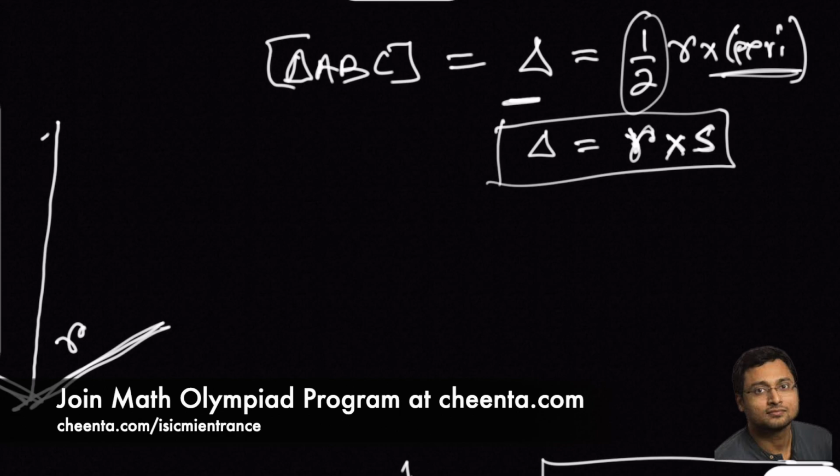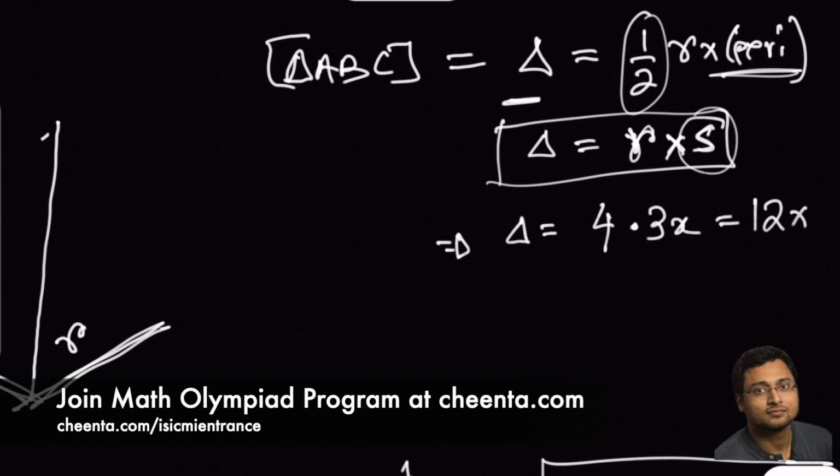So delta is equal to, r is 4 because the inradius is given to be 4, and s is 3x, we just computed it. So 12x. So the area delta is 12x.